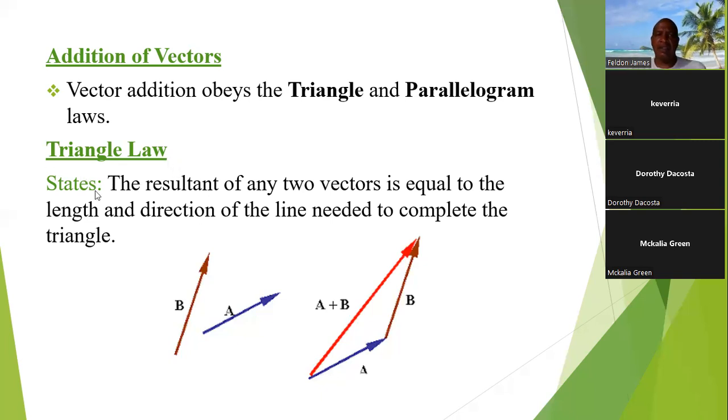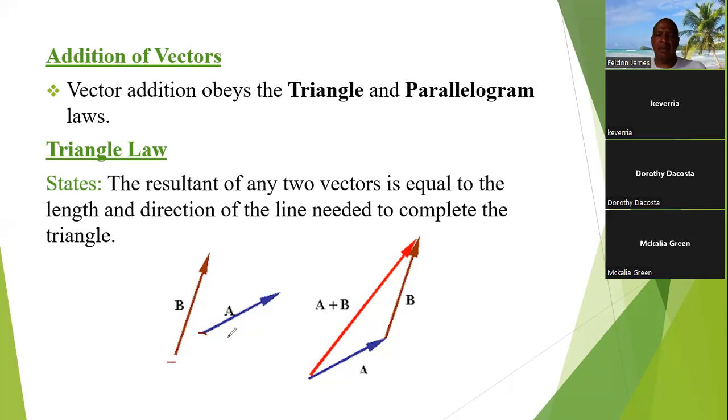So the triangle law states that the resultant of any two vectors is equal to the length and direction of the line needed to complete the triangle. All that is saying, these two vectors that we have here, the vector A and the vector B, right?